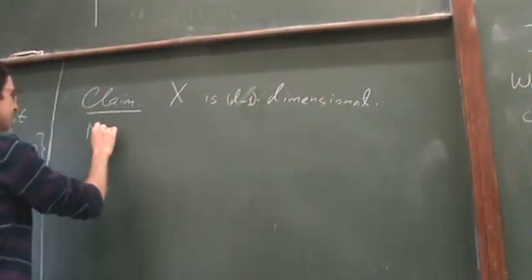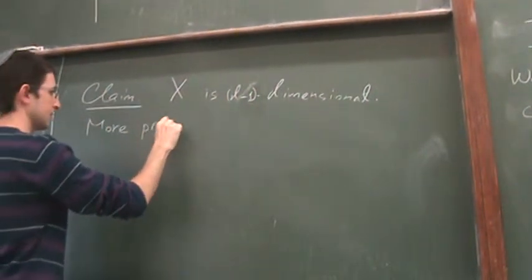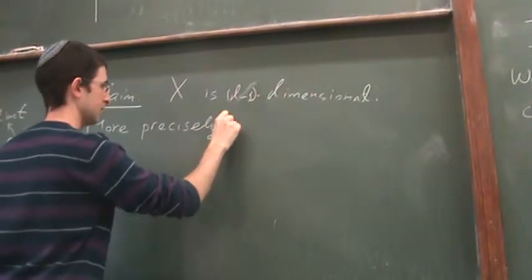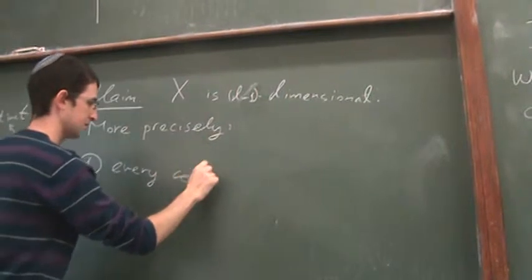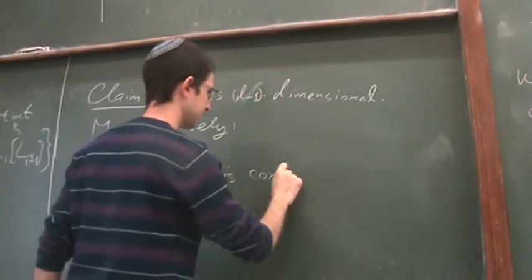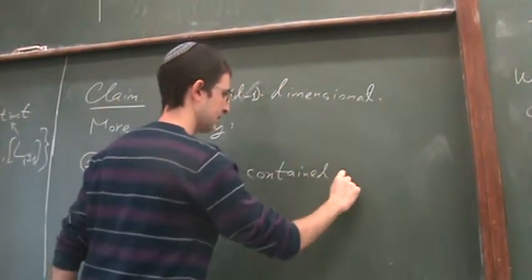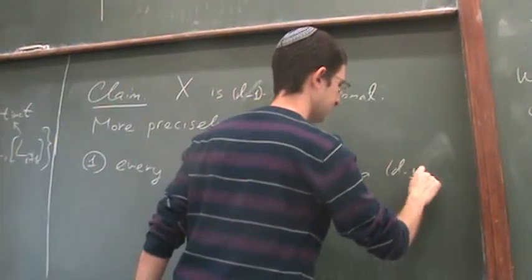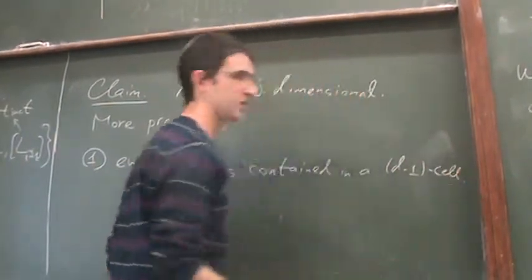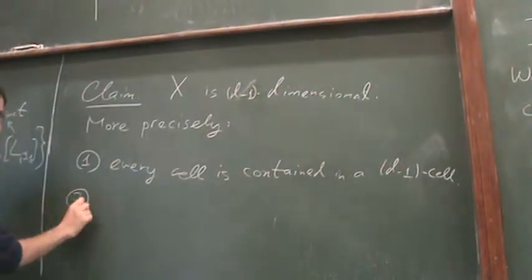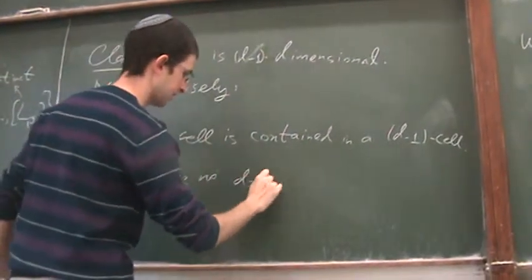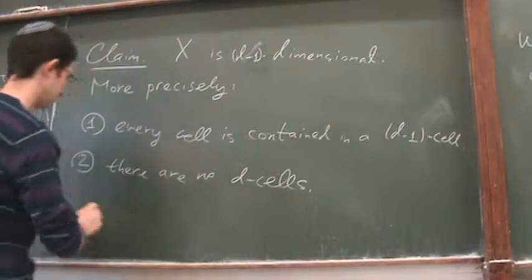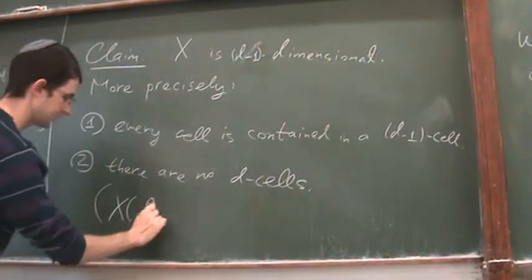More precisely, one, every cell is contained in a d minus 1 cell. Of course, not unique. And two, there are no d cells.